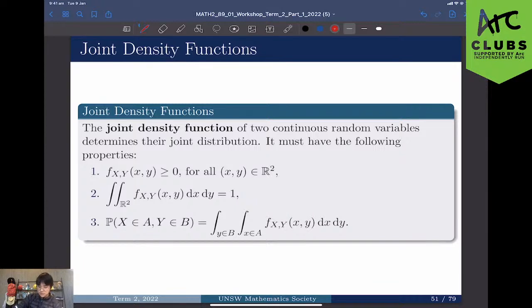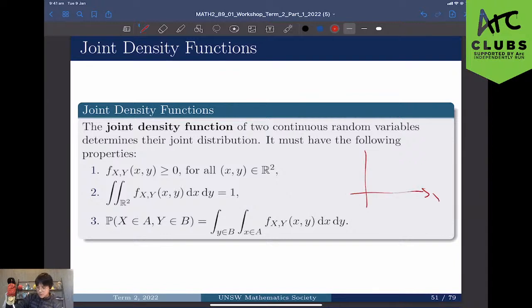In the discrete case, if we have values of x and values of y, at a certain point (x, y) we want to know the probability of those values.